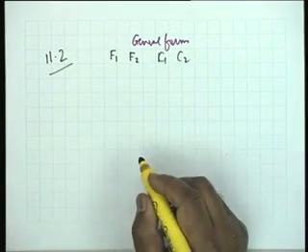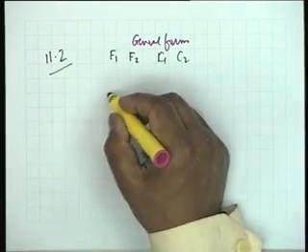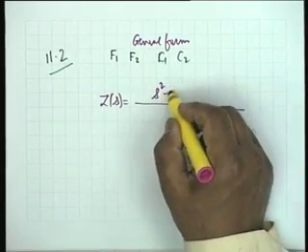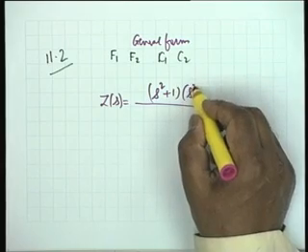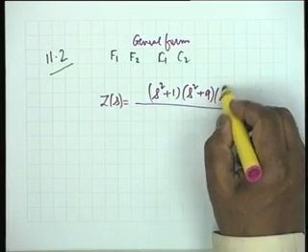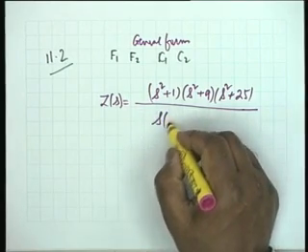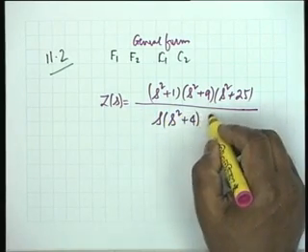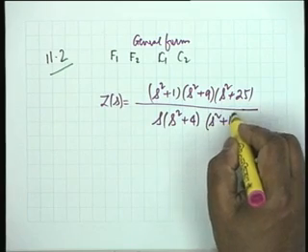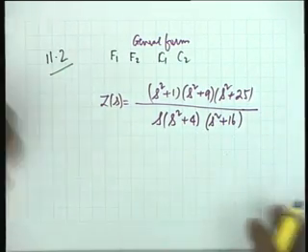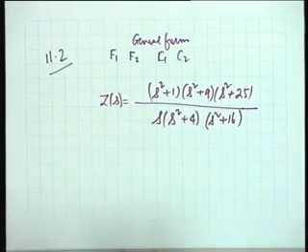That could be used to synthesize the following LC impedance: Z of S equals S squared plus 1, S squared plus 9, S squared plus 25, over S times S squared plus 4, S squared plus 16. There is no need to calculate the element values of the four networks, just the general form you have to draw.